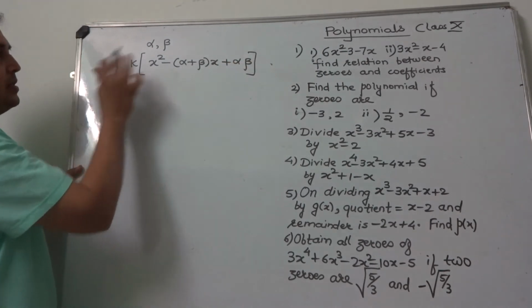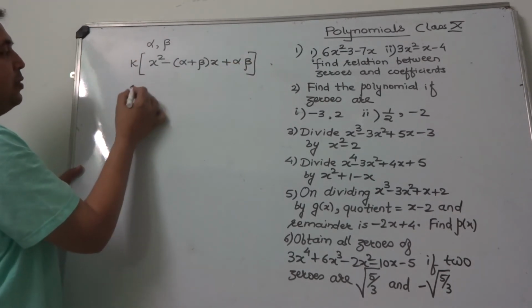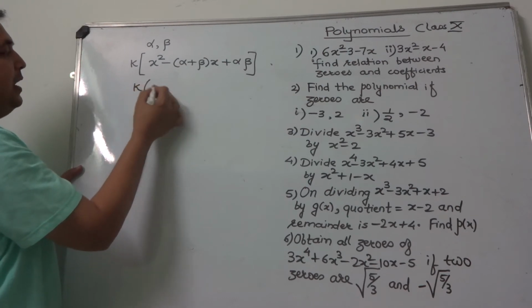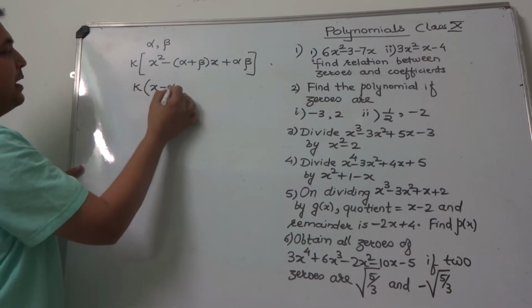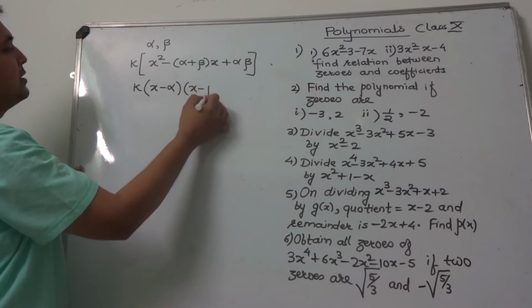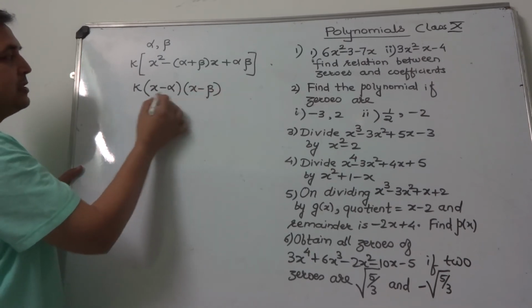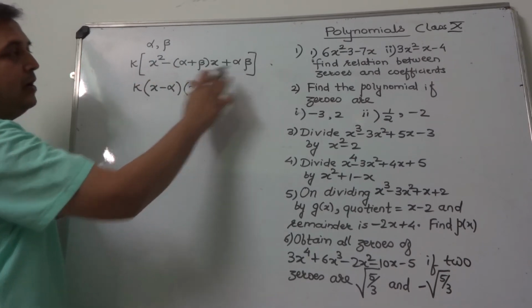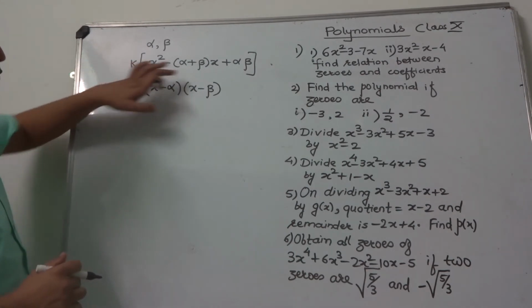How do we get this? If alpha and beta are the zeros, then the polynomial is k into x minus alpha into x minus beta. And if we solve this product, we get this formula. So we can learn this formula.